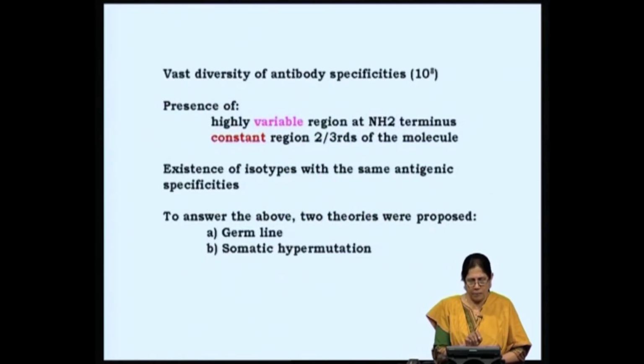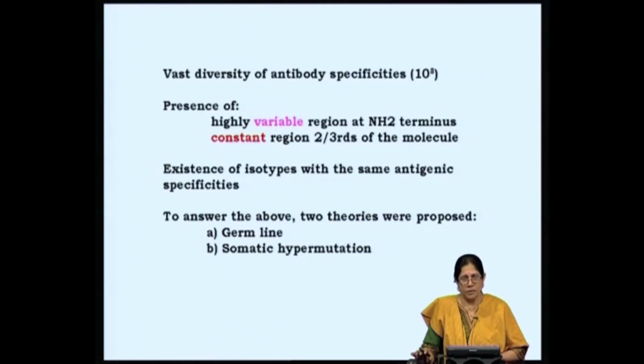The other intriguing part is that the same antigenic specificity can be conferred on different isotypes of immunoglobulin. Now, I have not yet introduced the classes and isotypes of immunoglobulin molecules, but it is something that you may have studied already, that we in mammals have 5 different classes of immunoglobulins.